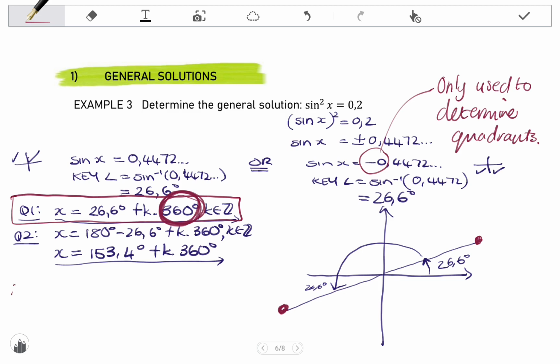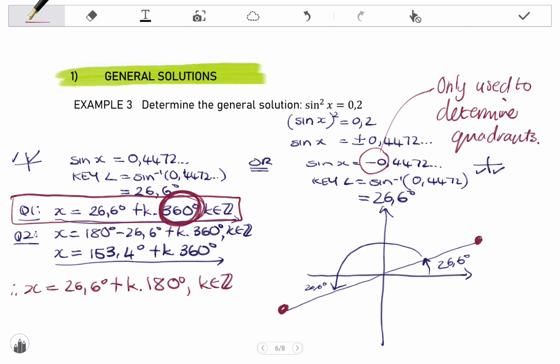So I'm going to have x equals 26,6 degrees plus k times, instead of 360, 180. Just because of how the quadrants work, if I add 180 degrees, it's angles on a straight line, I get to the third quadrant.